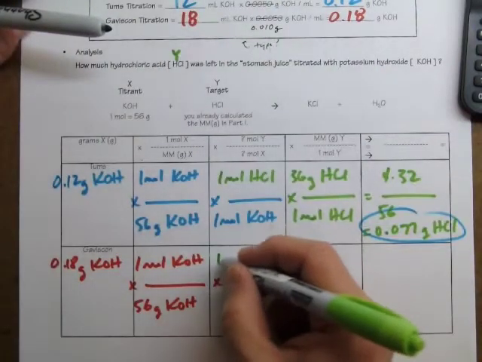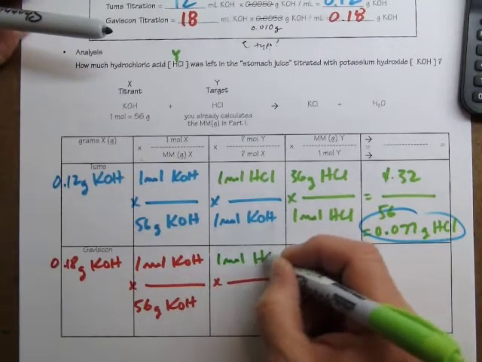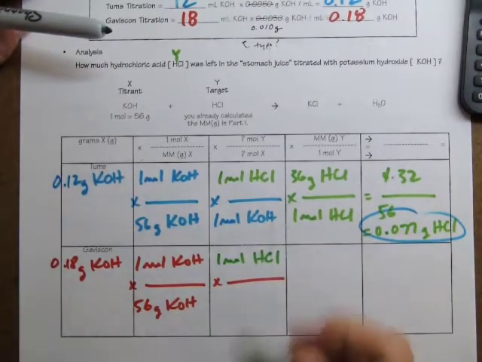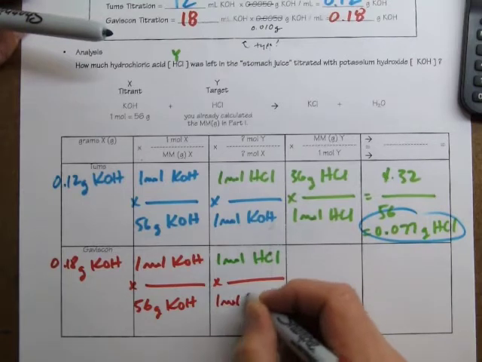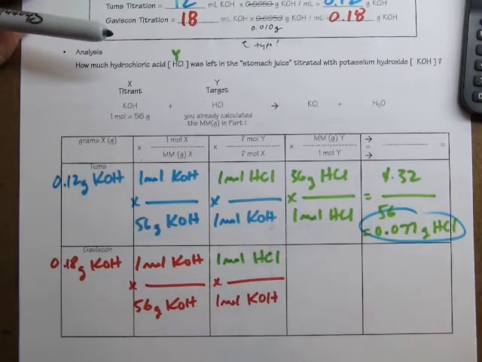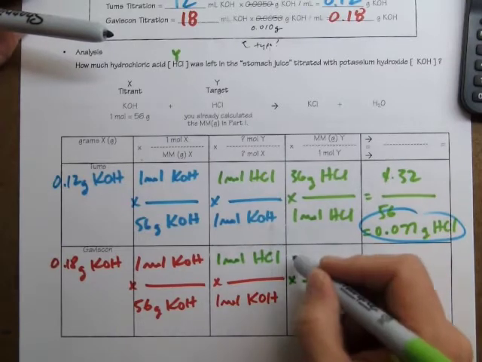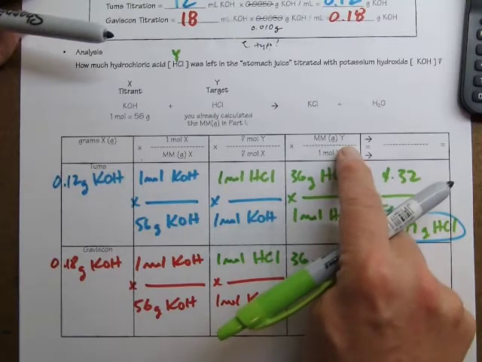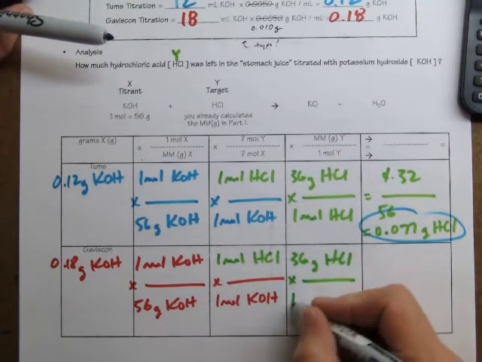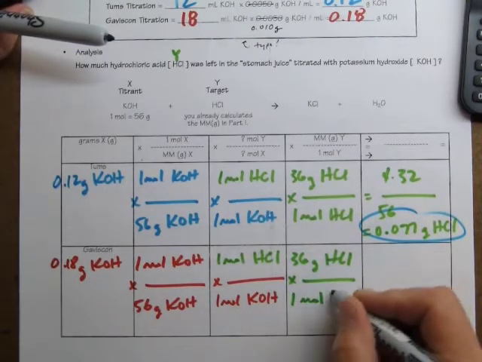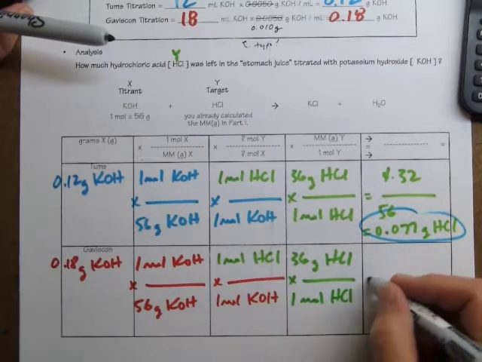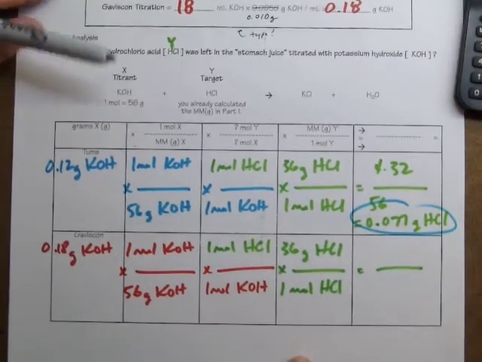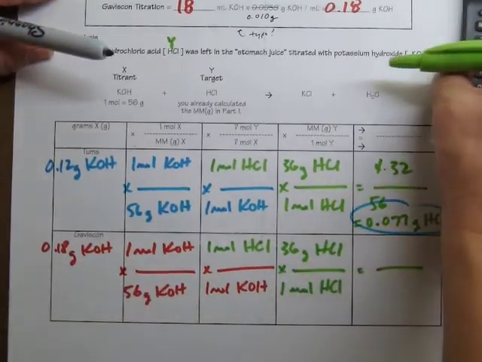So 1 mole hydrochloric acid. On the bottom, 1 mole of potassium hydroxide. And then finally, 36 grams of hydrochloric acid. The Y, the thing we're trying to find out, why we're doing the problem, is to find out how much hydrochloric acid was left. And we'll do the math. Multiply across the top.